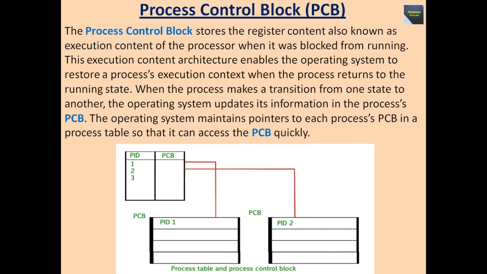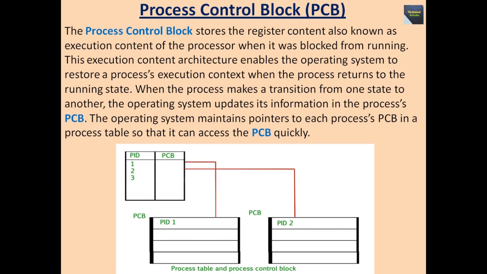The process control block stores the register content, also known as the execution context of the processor, when it was blocked from running. This execution context architecture enables the operating system to restore a process's execution context when the process returns to the running state. When the process makes a transition from one state to another, the operating system updates the information in the process's PCB.